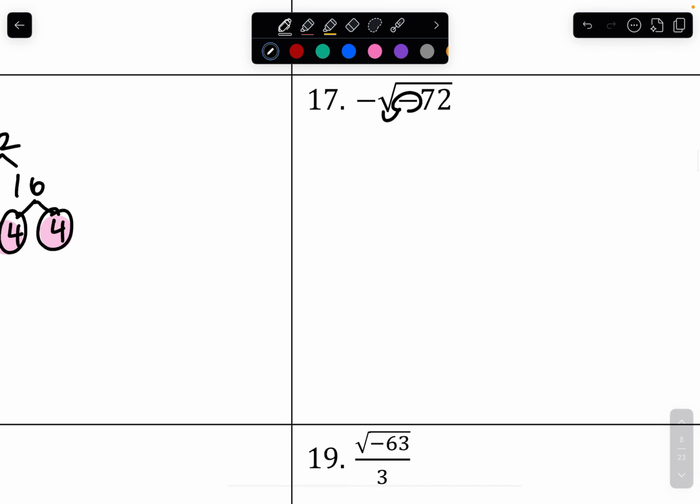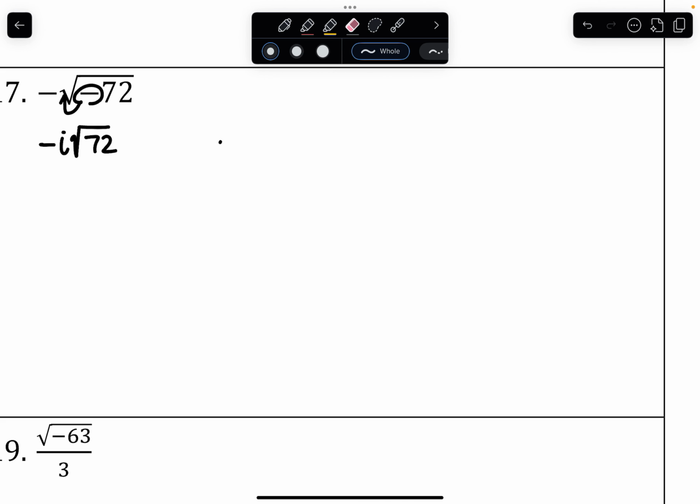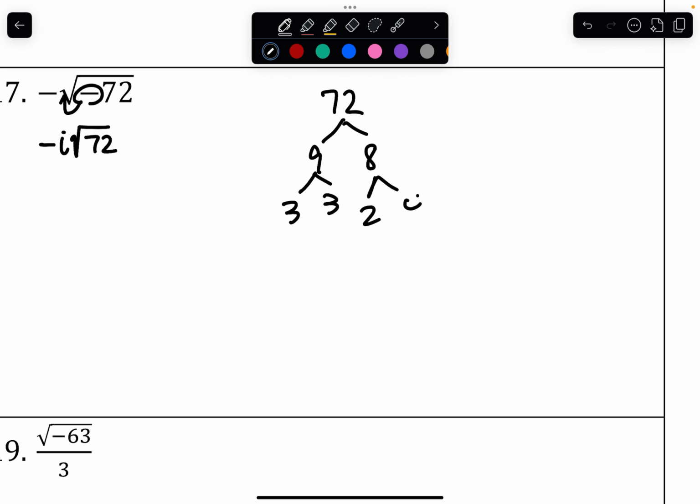Okay, once again, take an I out, so I have negative I square root of 72. And then focusing on square root of 72, that's square root of 9 times 8. Or we can actually do better than that. I'm going to do the factor tree. So 9 and 8, 3 and 3, 2 and 4, 2 and 2.